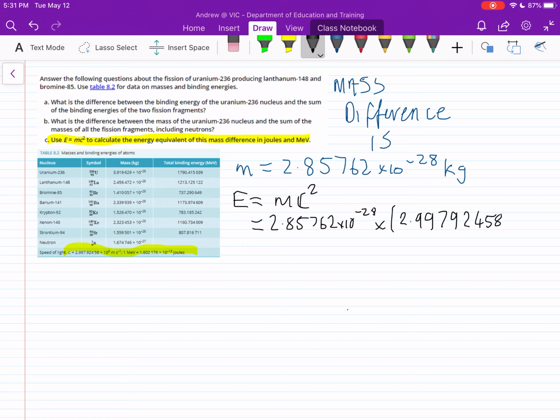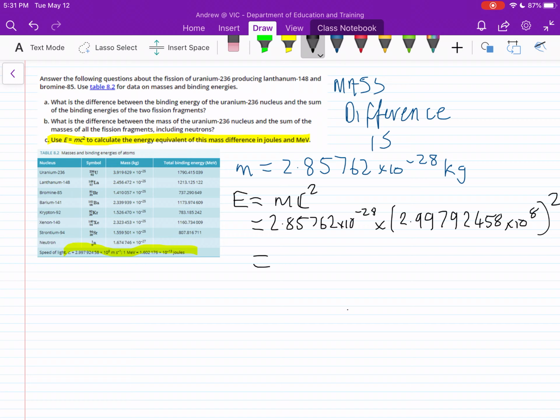So this here is by 10 to the 8, and all of this is squared. So you work this out in your calculator. Good luck if you can do it in your head.